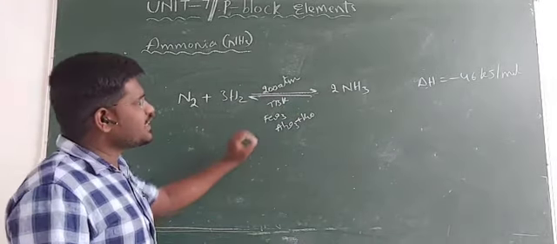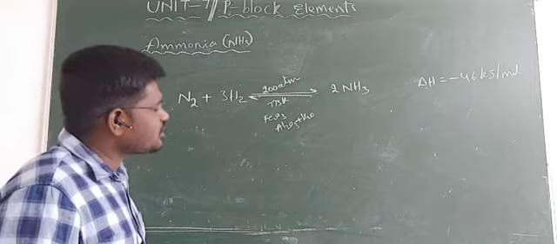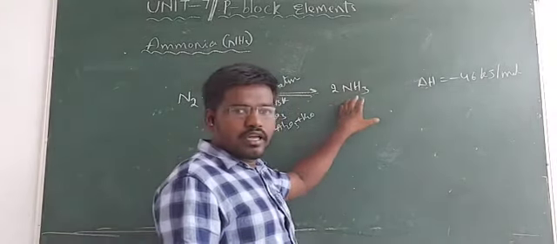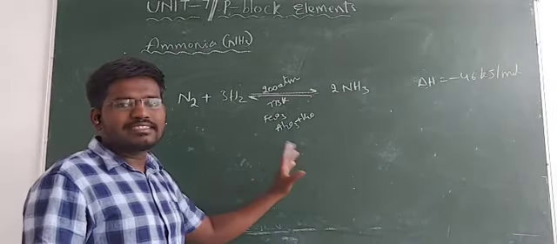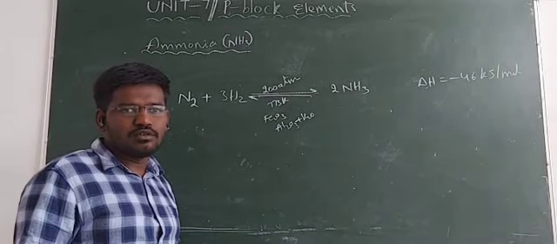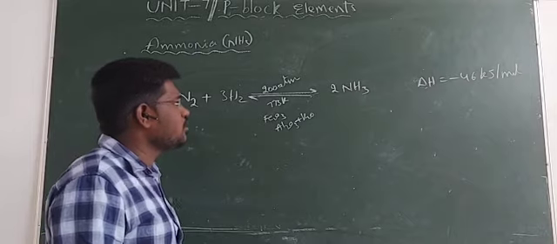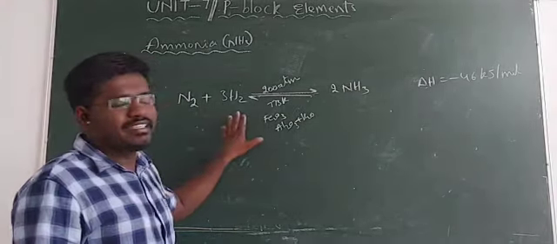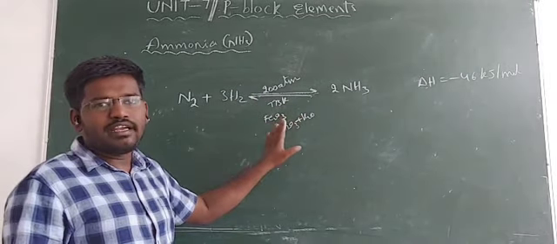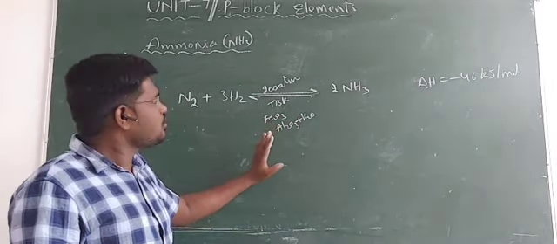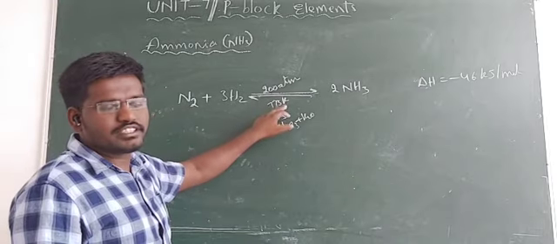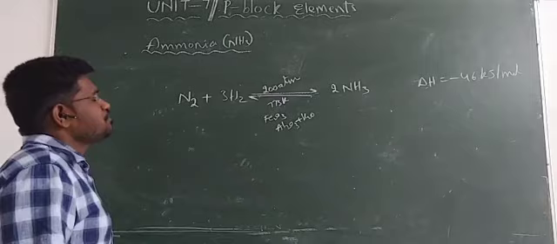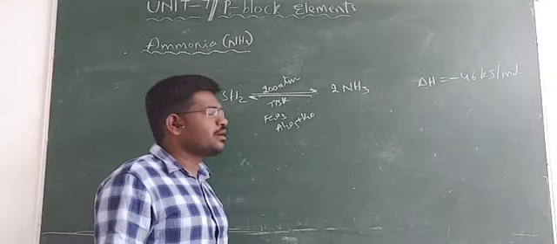For an exothermic reaction, according to Le Chatelier's principle, lower temperature is preferable, but at low temperature the reaction rate is very slow. To maintain a moderate rate, we need to maintain a moderate temperature. This is about the chemical equation for the preparation of ammonia in the Haber process.